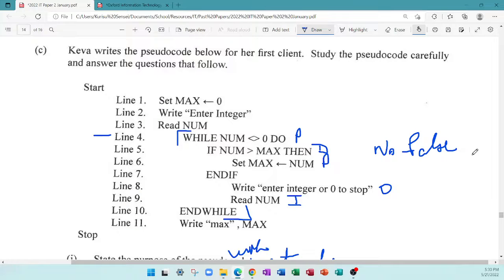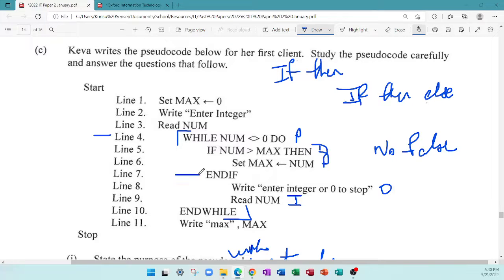Remember, we have two conditional statements: if then, and if then else. One of them looks at only true, and one of them looks at true and false. Remember, then is true, else is false. So if you don't see an else, nothing is wrong. It basically means they're not looking at the false.